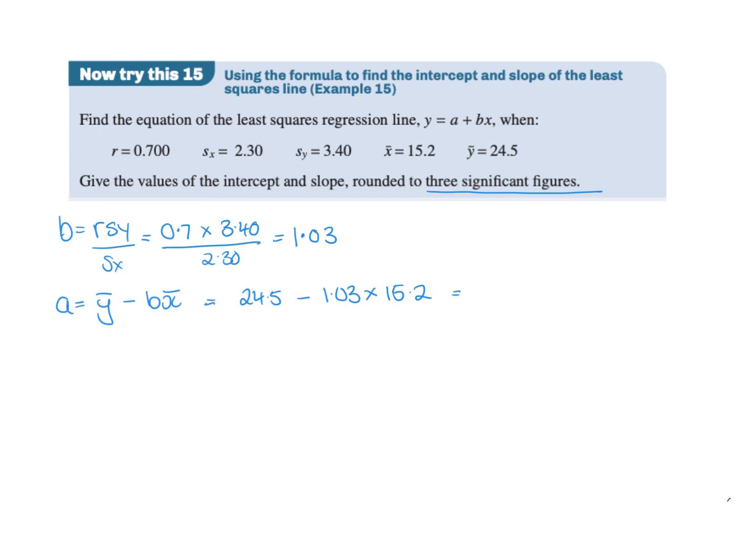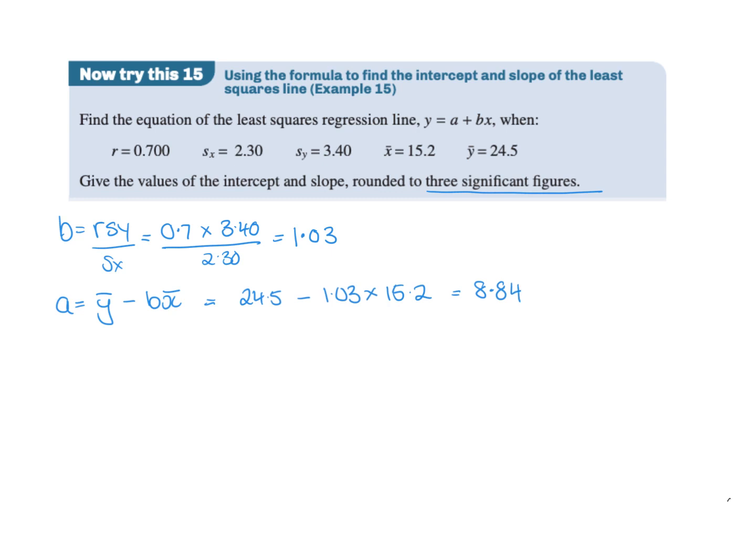Yeah, it'll be positive. So be careful. If you type everything out on your calculator exactly how the formula says, you won't go wrong. All right, so I'm just typing that into the calculator now. And I'm looking for 3 significant figures, which is 1, 2, 3.